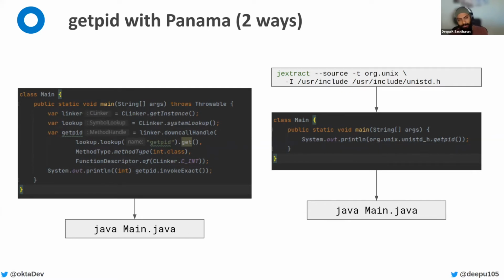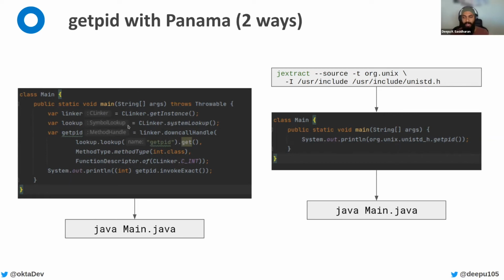In my opinion, using Jextract is much more scalable and simpler in the long run. But you can see the difference, right? Regardless of what you use, this is 1 or 2 steps compared to JNI. With JNI, the more complex your use case, the more complex the entire thing becomes.